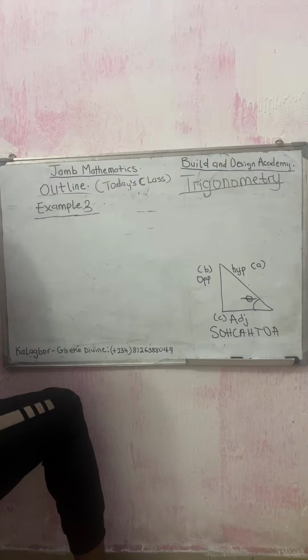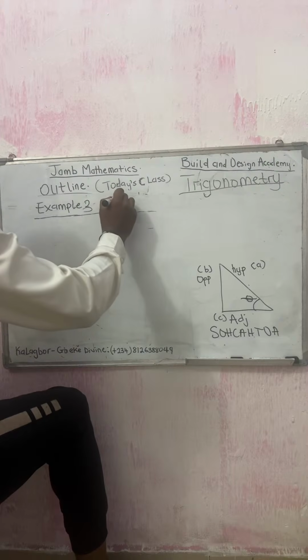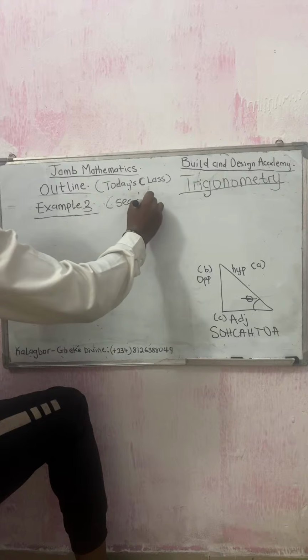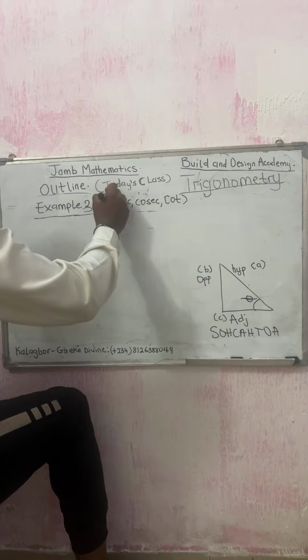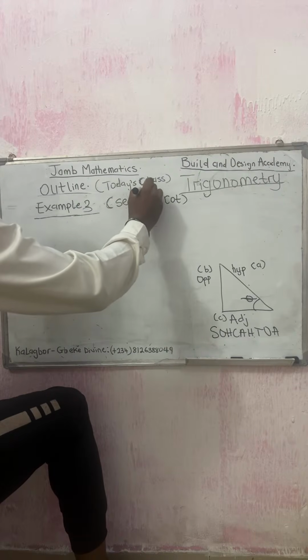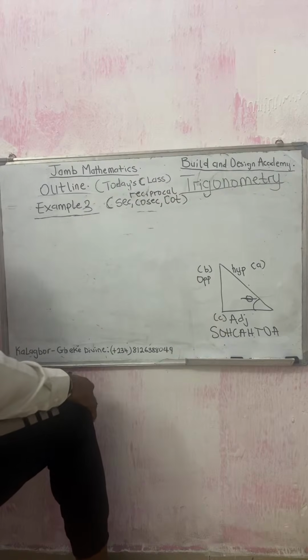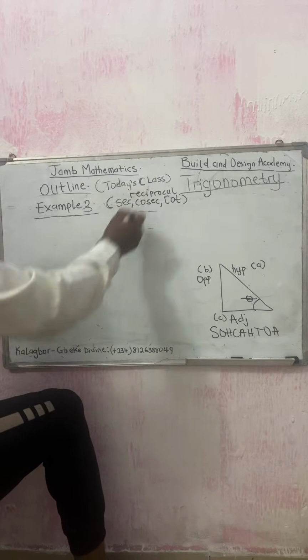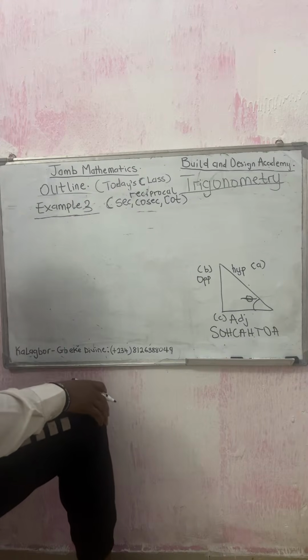Alright, let's go. Example 3 will be based on sec, cosec, and cot. Please take note of this. These are the reciprocals of sine, cosine, and tan.